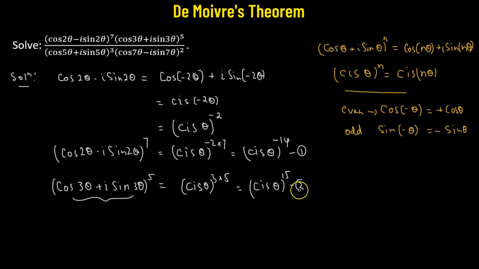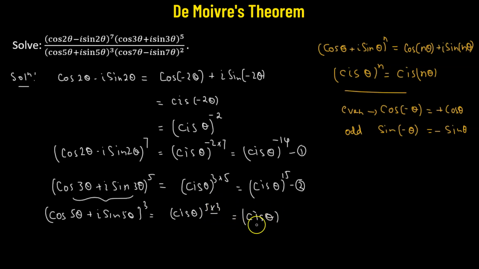This becomes number 2. Then we have cosine of 5 theta plus iota times sine 5 theta. So this becomes equal to cis of theta raised to the power of 5. And since we have whole raised to the power of 3, this becomes simply 5 multiplied by 3 in the power. So we have cis of theta raised to the power of 15. So this is number 3.